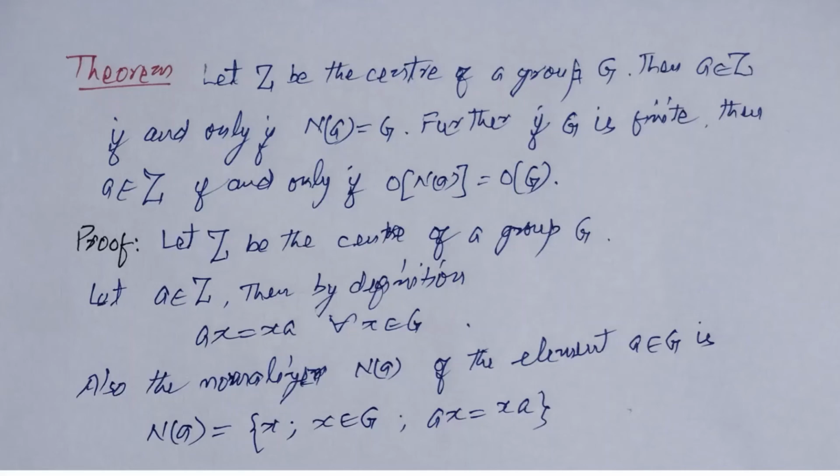For proof, let Z be the center of a group G. Let a belong to Z, then by definition ax equals xa for all x belonging to G. Also, the normalizer Na of the element a belonging to G is Na equals the set of x, x belonging to G, and ax equals xa.